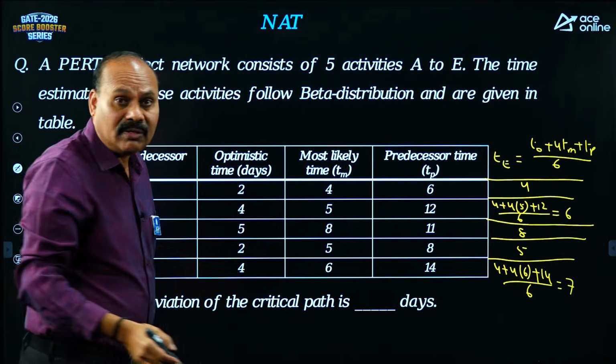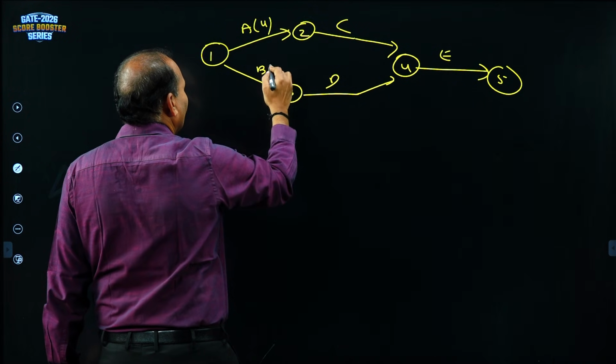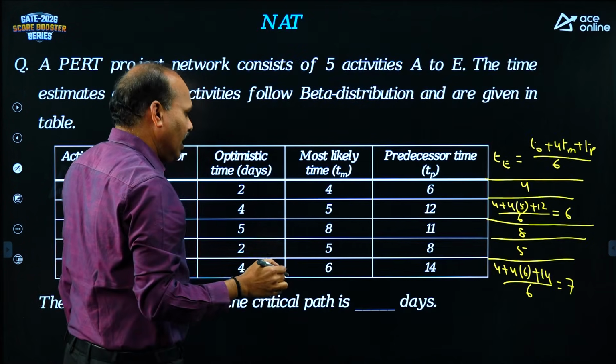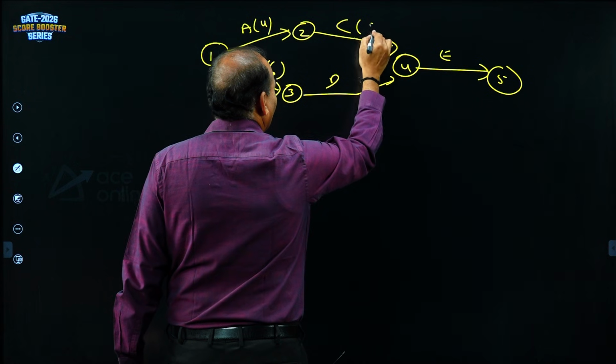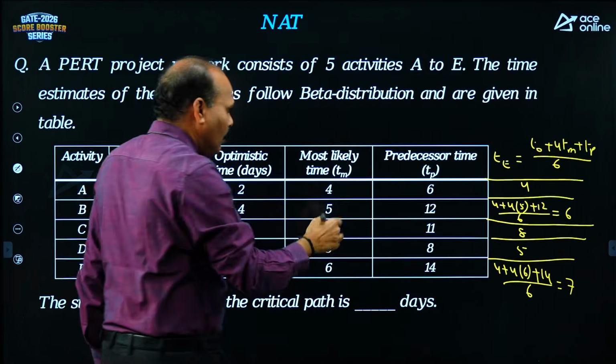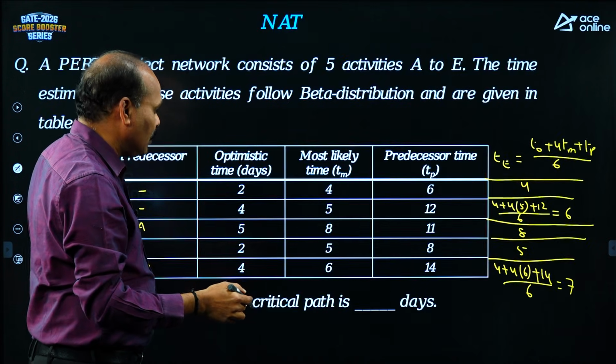Durations, you can take the TE values: A 4, B 6, C 8, D 5, E 7, right?